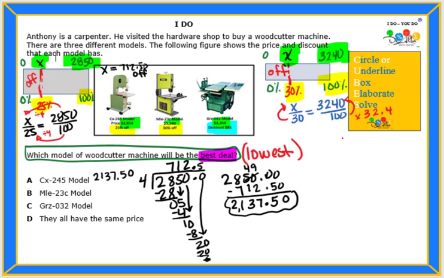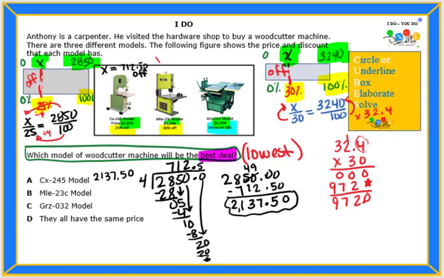So we'll do that math right here. 32.4 times 30. 0 times anything is 0. Then we have our placeholder. 4 times 3 is 12. We carry 1. 3 times 2 is 6, and 1 more is 7. 3 times 3 is 9. So for this one, we have one number behind the decimal. So we need to make sure that we have one number behind the decimal in my product. So that's going to be $972.